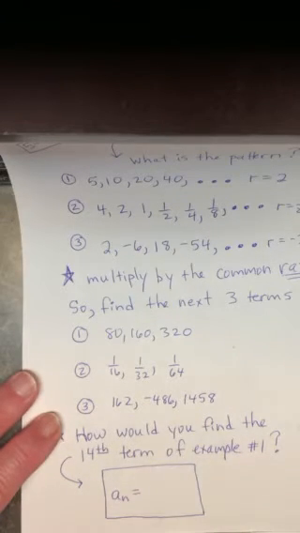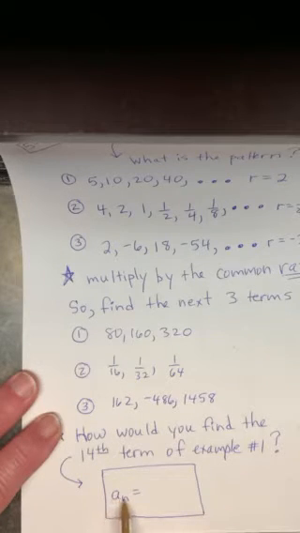It's not as bad as that one yesterday. Yesterday, remember, we wrote A1 plus parentheses n minus 1 times d when there was a common difference and it was arithmetic. If it's a geometric sequence, to find the nth term, in this case, we want the 14th term, a sub 14 would be our a sub n.